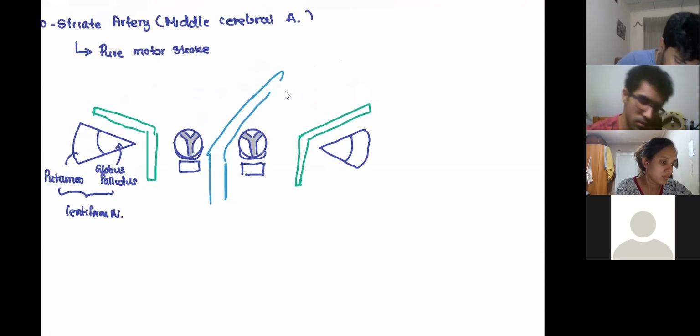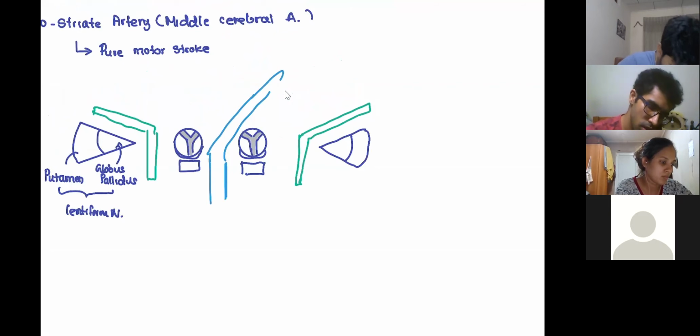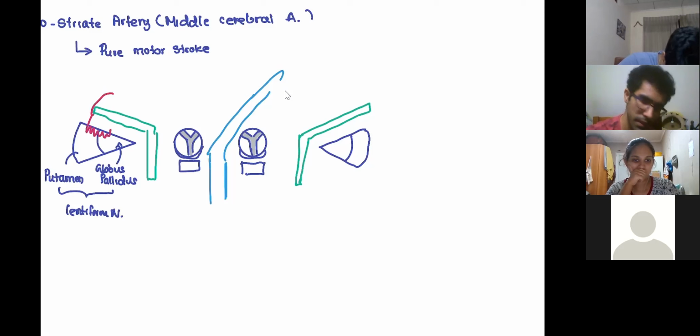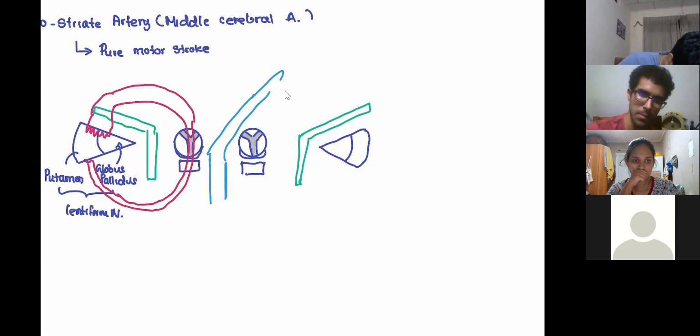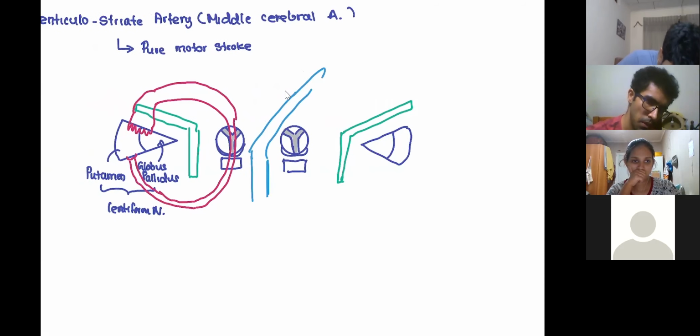Simply that. And then we have the caudate nucleus, which starts from this area. The head of it starts here, and it goes on top of the thalamus and goes underneath the lentiform nucleus. It has a nucleus called the amygdala.